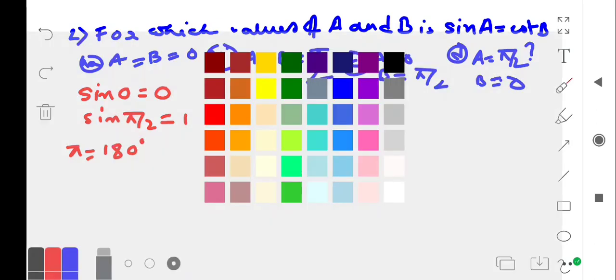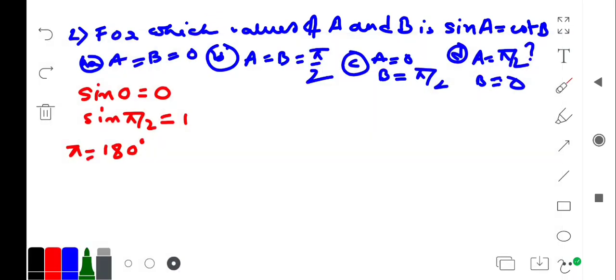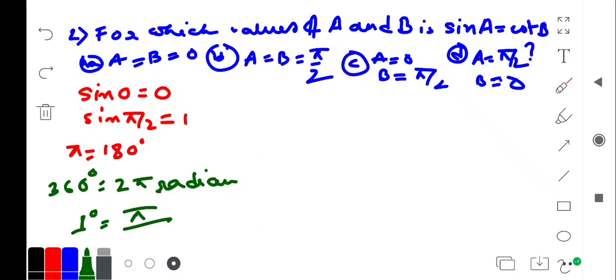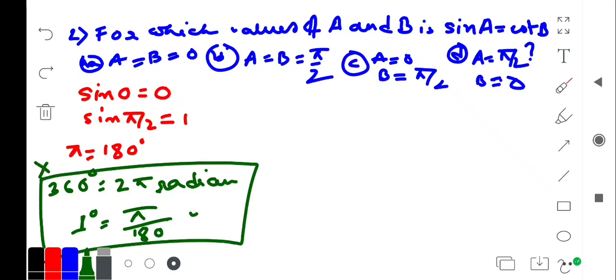Always remember that 360 degree equals 2 pi radian, and 1 degree equals pi by 180 radian. This is the law, it is very important.